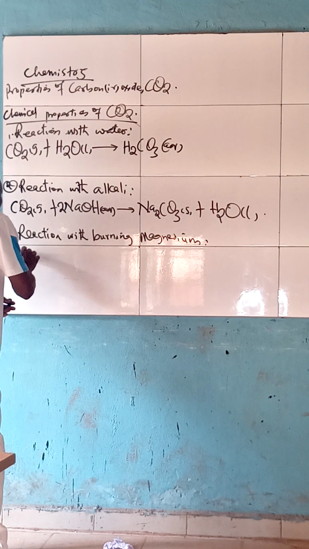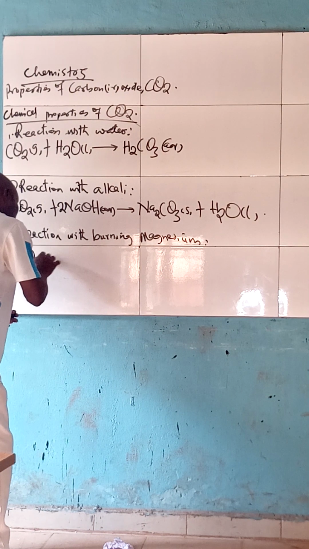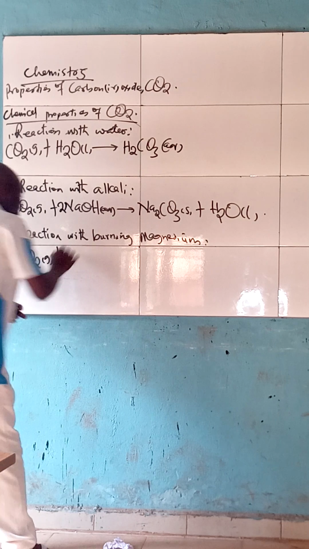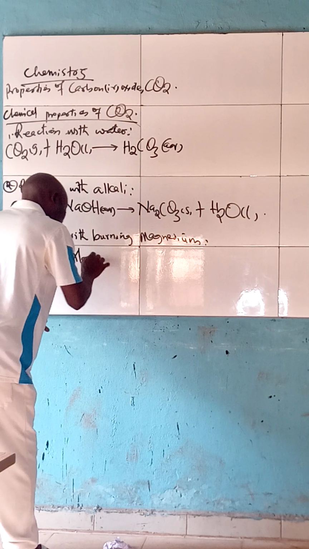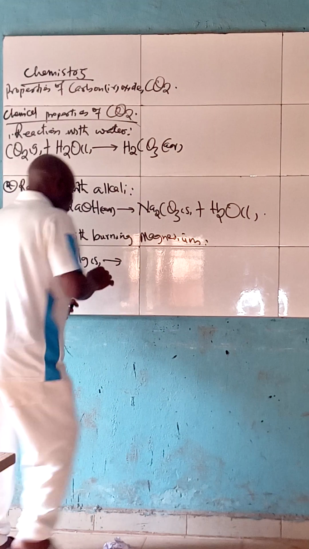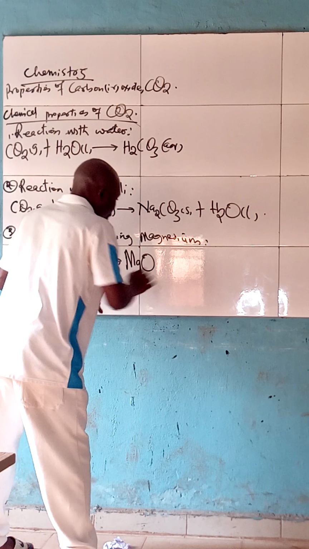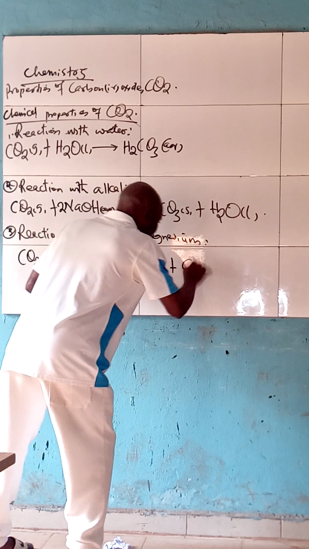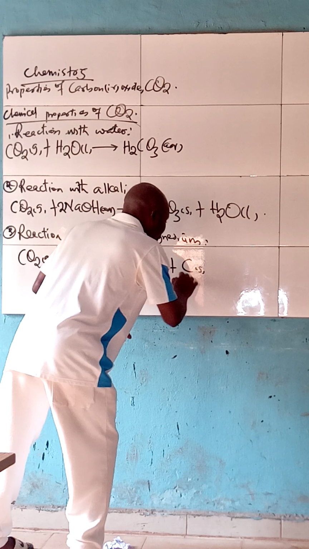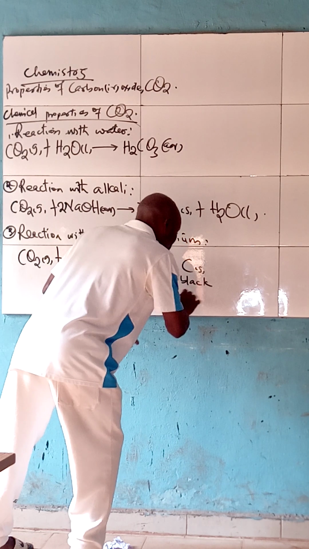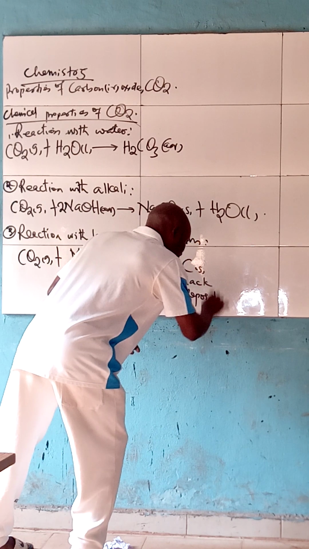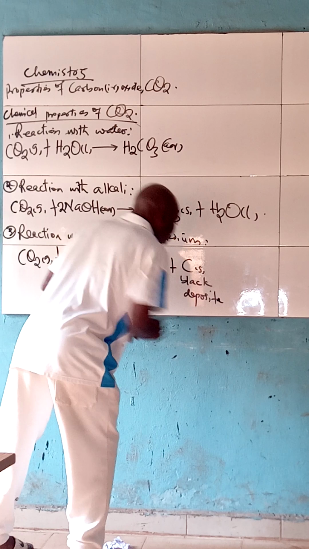The equation of reaction will be CO2, which is carbon dioxide, plus burning magnesium. This will give us an ash of magnesium oxide plus a black deposit of carbon.